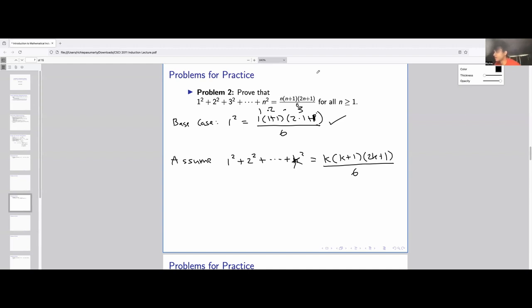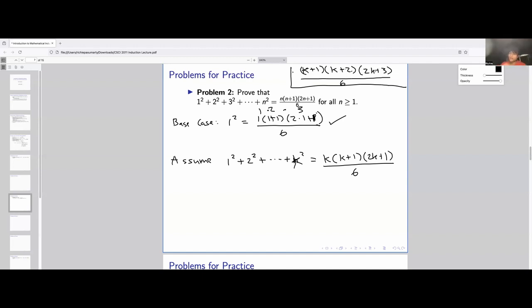So if I plug in k plus 1 into the formula, I'll just write it up here. I will get k plus 1 times k plus 2 times 2 times k plus 1 plus 1. You'll figure out that that is 2k plus 3, and all of this divided by 6. Okay, so I'm basically looking for this formula.